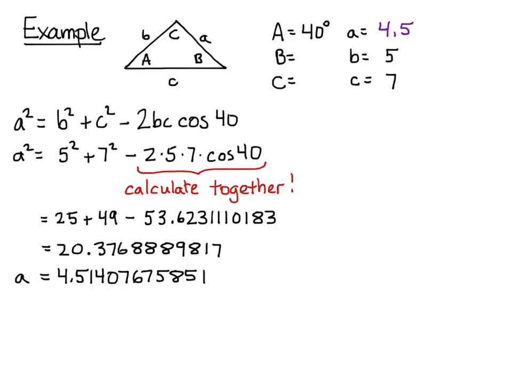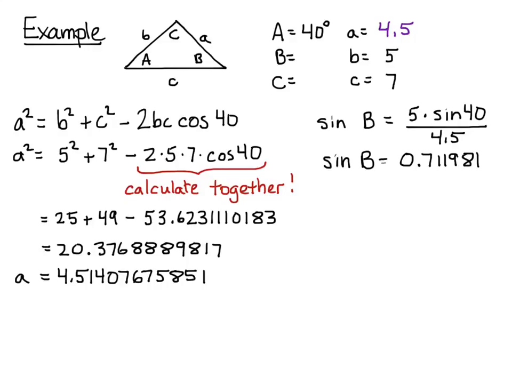What's the next thing? Okay, we can't find the other angles yet because we don't have enough. But what we'll do is find, by the law of sines, the sine of B. Now, we haven't talked about arcsine yet, or inverse sine, but you have a button on your calculator that is either sine to the -1 or arcsine or something of that sort.